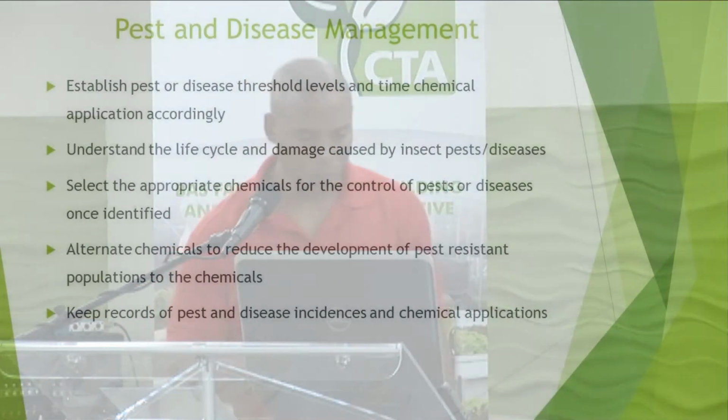Certain fungal diseases can persist in an environment if you crop continuously, so you might need to rotate that particular crop to suppress that particular disease or pest. So identifying your pest and disease is very important.